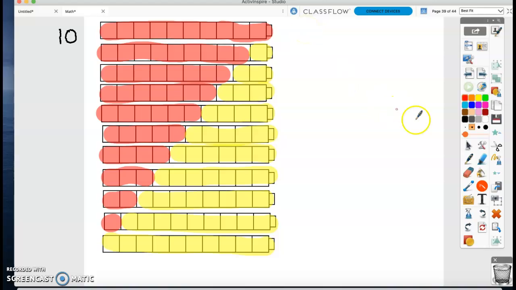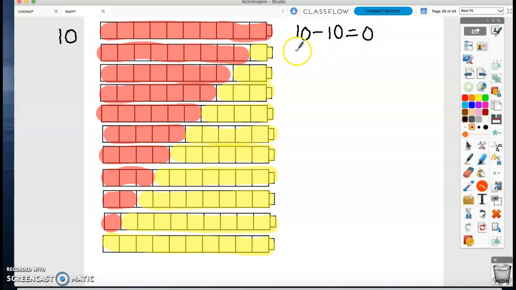So, how many did we start with altogether? If you said 10, excellent job. Minus, how many reds do we have? Awesome, we do have 10 reds. And if we take away all 10 reds, how many do we have left over? 0, because any number, if you subtract all, you're going to end up with 0.